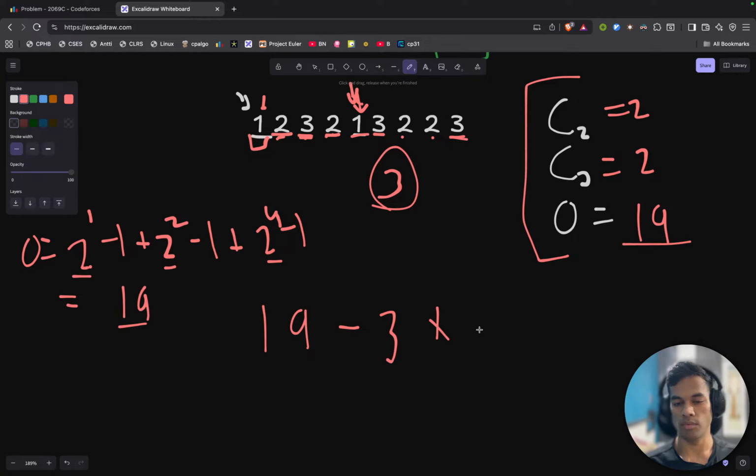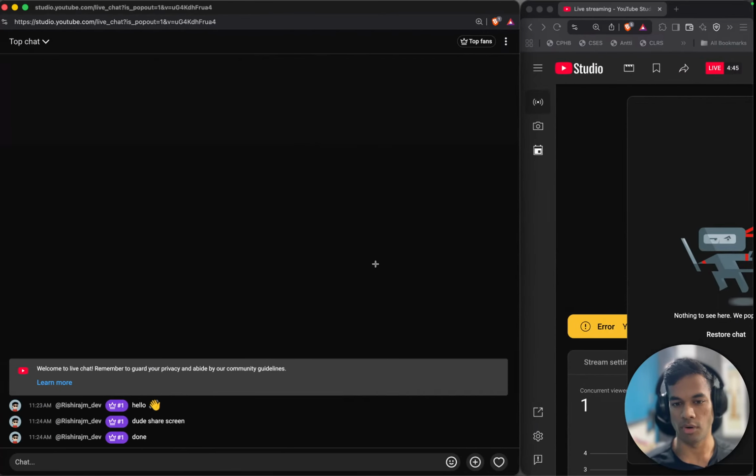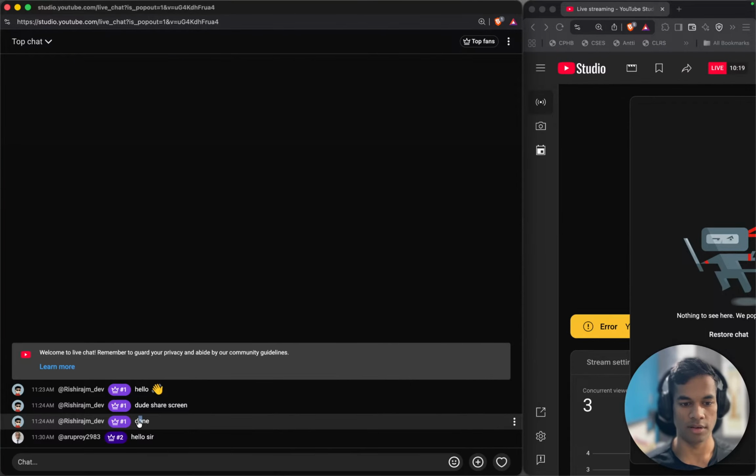So 3 into the power of 2, 2 power 2, 4. 4 into 3, 12. 19 minus 12 is not the correct answer. 19 minus 12 would be 7, but the actual answer is 3. So, yeah, this is wrong. There has to be something else.